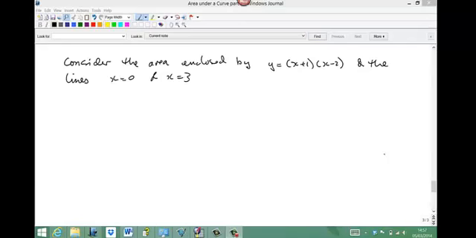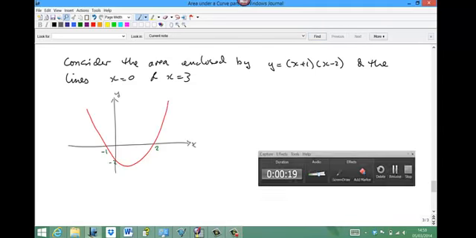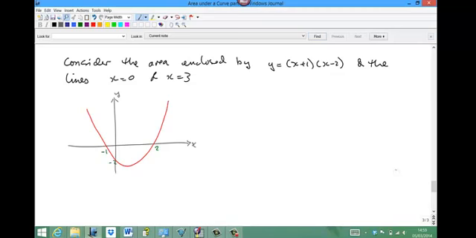Now let's consider the area enclosed by y equals (x plus 1)(x minus 2) again, but this time between the lines x equals 0 and x equals 3. We sketch the curve again, and the area this time is between 0 and 3, which is there.